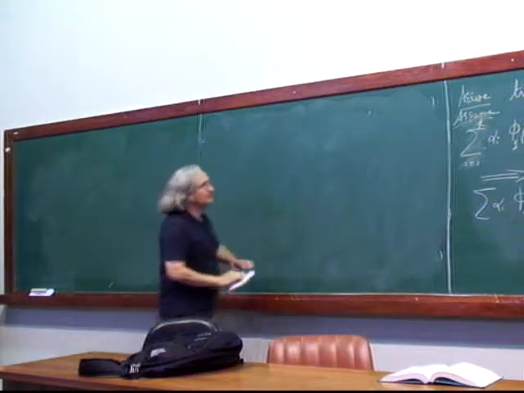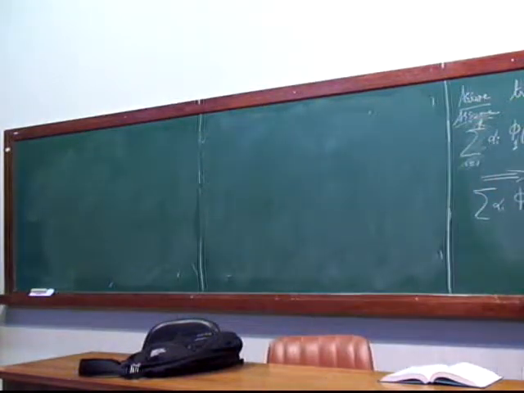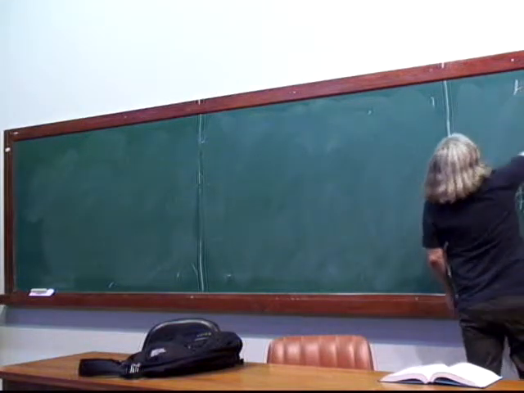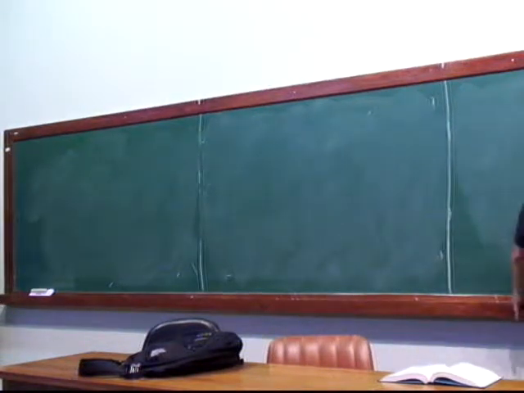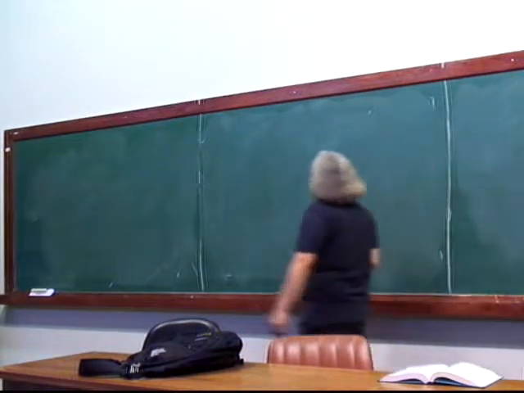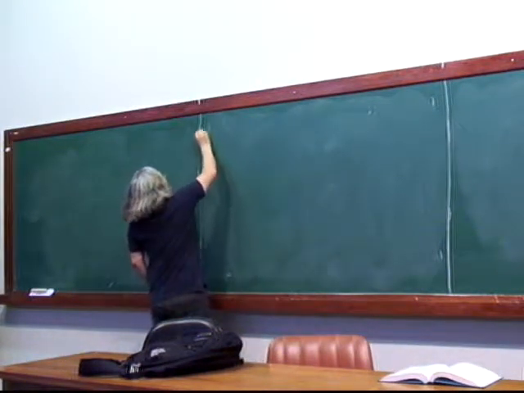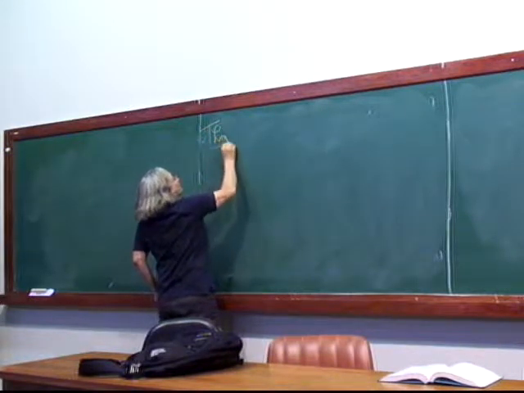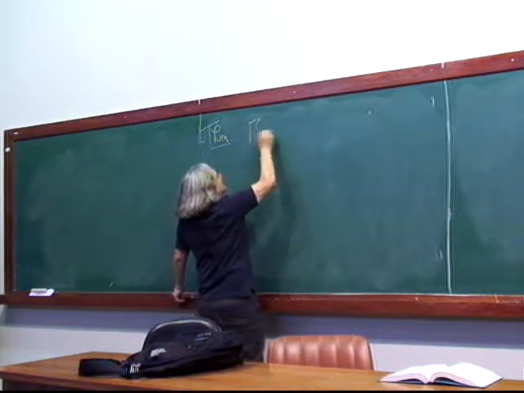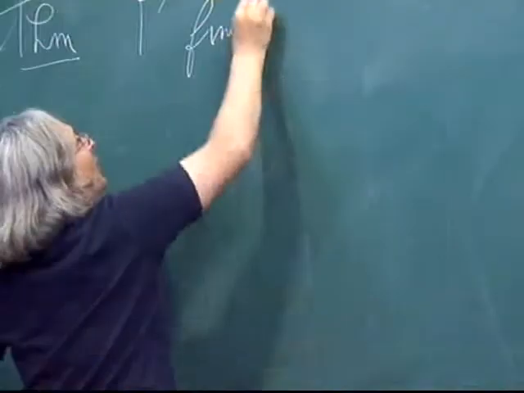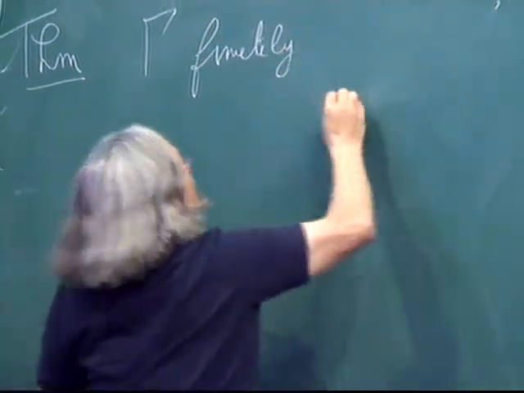Here's the statement. It goes beyond that. The theorem is this. Start with gamma, let's say a finitely generated group.